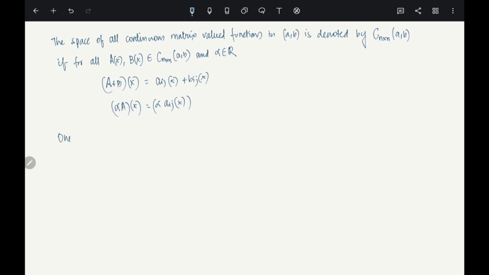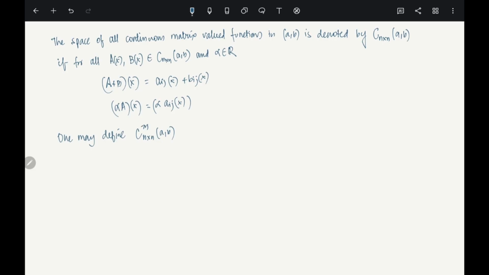Now one may define C^m of n cross n of [a,b], and then let's say m. What is m? m is the mth derivative, okay.